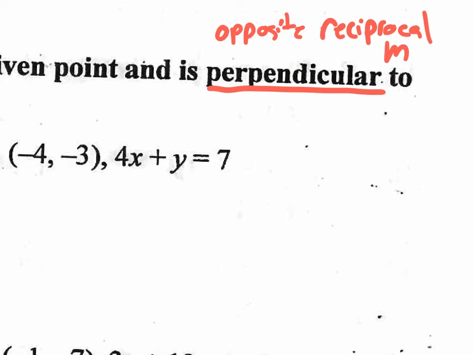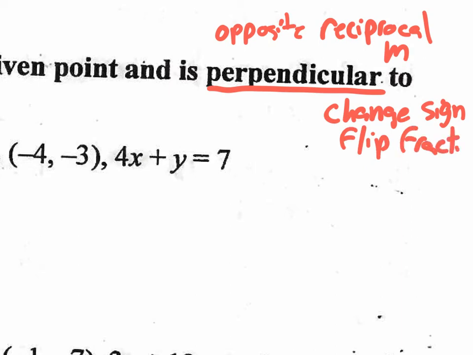Opposite reciprocal m values. What does opposite reciprocal mean? It means to change sign and flip fraction. That's what it means. Change sign and flip fraction. That's what perpendicular lines are. They have an opposite reciprocal slope value.